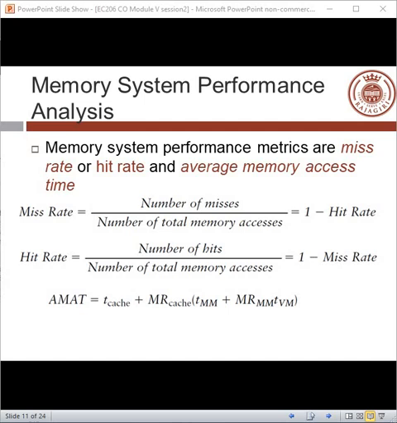If data is not there in main memory, definitely we will have a miss in the main memory. We need to access data from the hard disk, that is, the virtual memory.